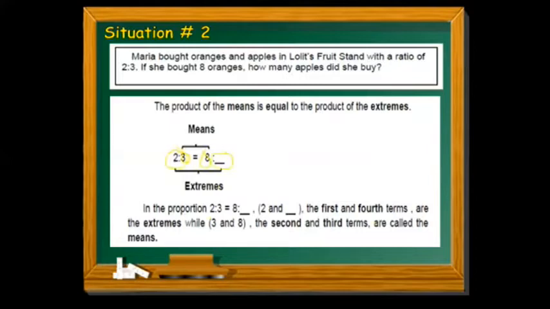In the proportion 2:3 is equal to 8 is to blank, 2 and blank, the first and the fourth terms are the extremes, while 3 and 8, the second and third terms, are called the means. Yung 3 and 8, tatawagin nating means, that's the inner part, and the outer part or the extremes are 2 and the missing number.